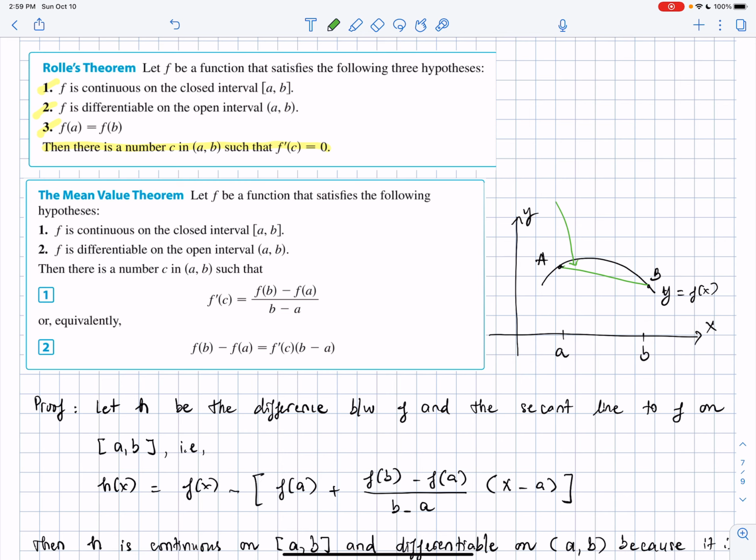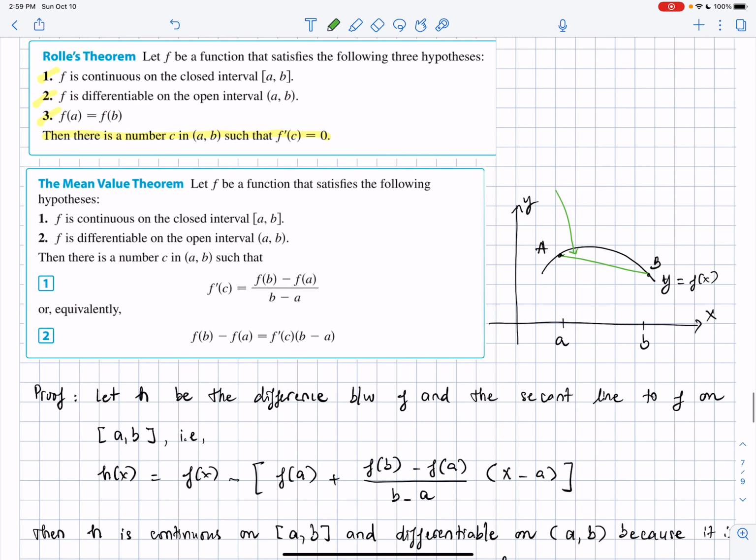Now let's take a look at the graph. Assume that we have a curve y equals f of x, and we pick two points A and B on the curve. Let's connect A and B. Then the line AB will be the secant line.